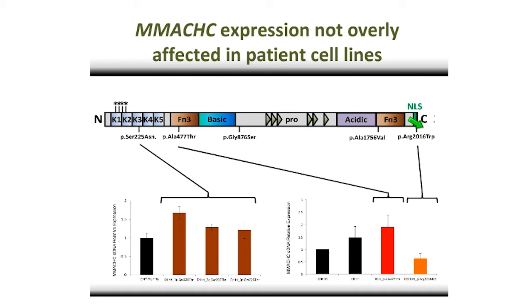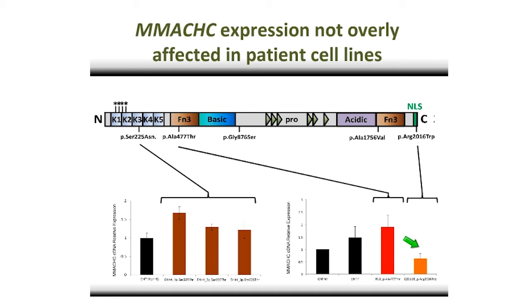Again, we went back to the patient cell lines to really interrogate whether there were differences in MACHC expression. And what we found was that in these cases that basically had mild intellectual disability, there was no evidence for decreased MACHC expression, with the exception of the nuclear localization variant, which showed a slight depression.